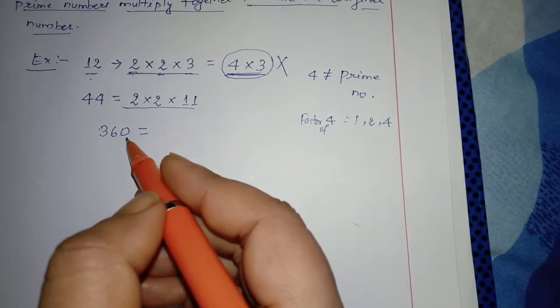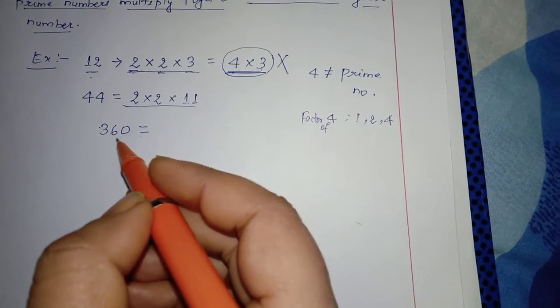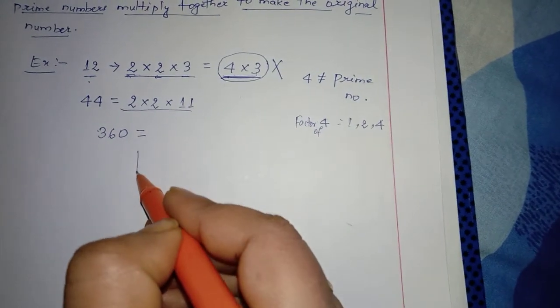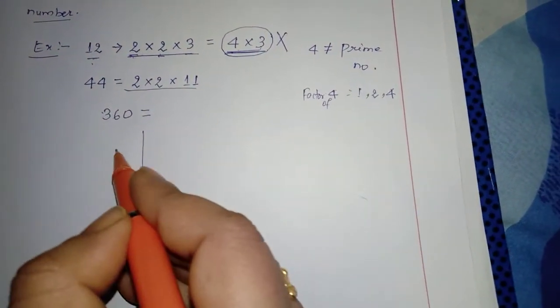So for the prime factorization of a large number, what will we do?